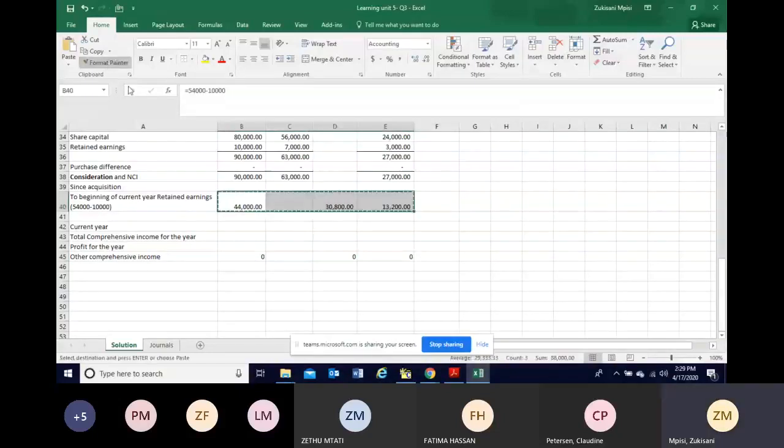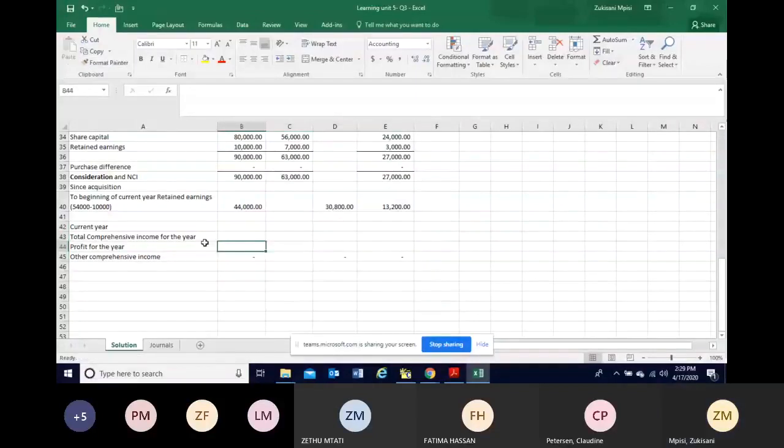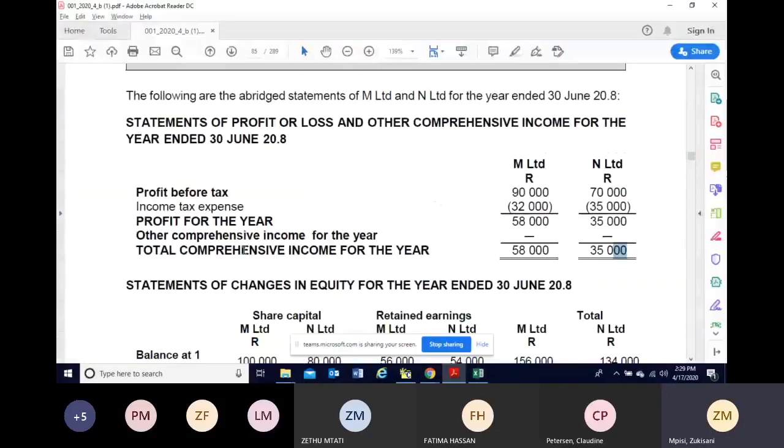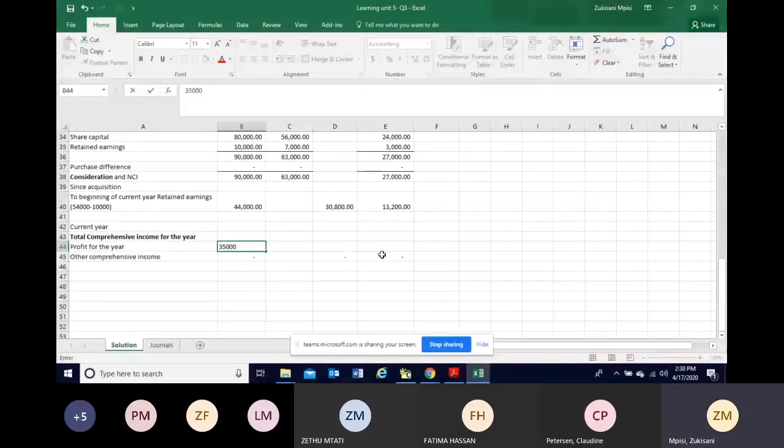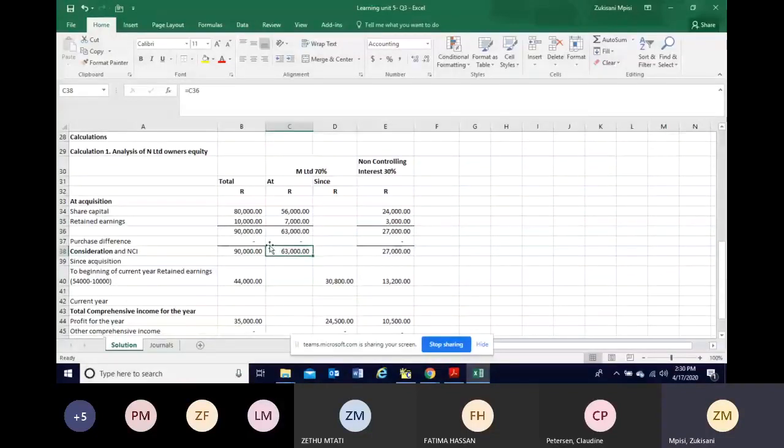Just need to copy down all my formulas. But for profit for the year, we are told that we've got 35,000. And this 35,000 you have got to share according to the percentage of sharing between the parent and the non-controlling interest. And this 63,000 at acquisition, we have already completed everything about it.